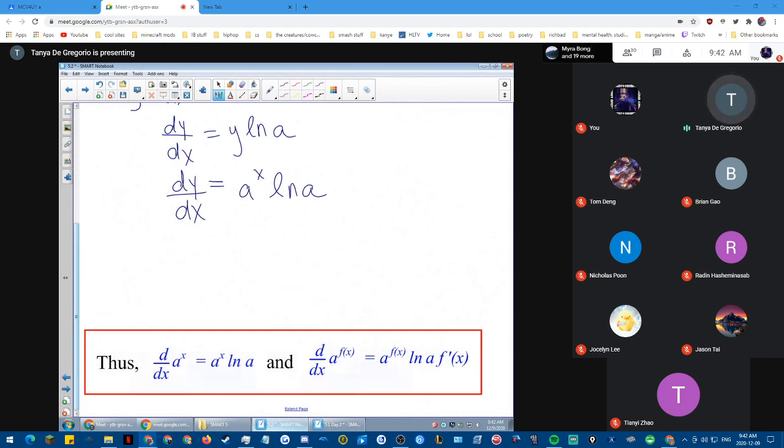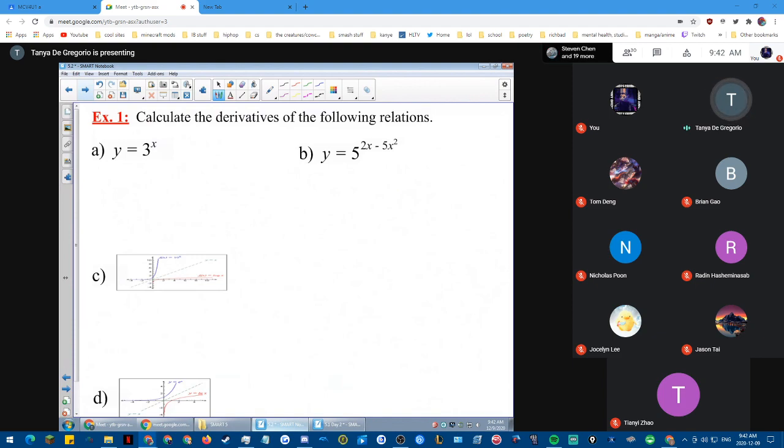When I take the derivative of e to the x, how is it different? There's no ln. Yeah, there's no ln. So when I take the derivative of e to the x, it's e to the x, and then you multiply by the derivative of the exponent. Whereas here, we have to multiply by the ln of a, and also take the derivative of x, which is 1. Okay?